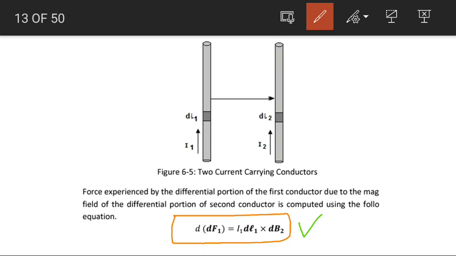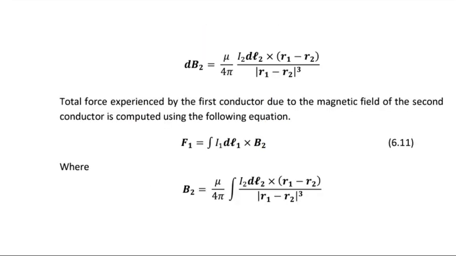We know that dl1 is a vector quantity. This is the differential length vector of conductor number 1, and this vector will be in the direction of the current. So this is the differential force which is experienced by the small portion of the first conductor due to the magnetic field of the small portion of the second conductor.